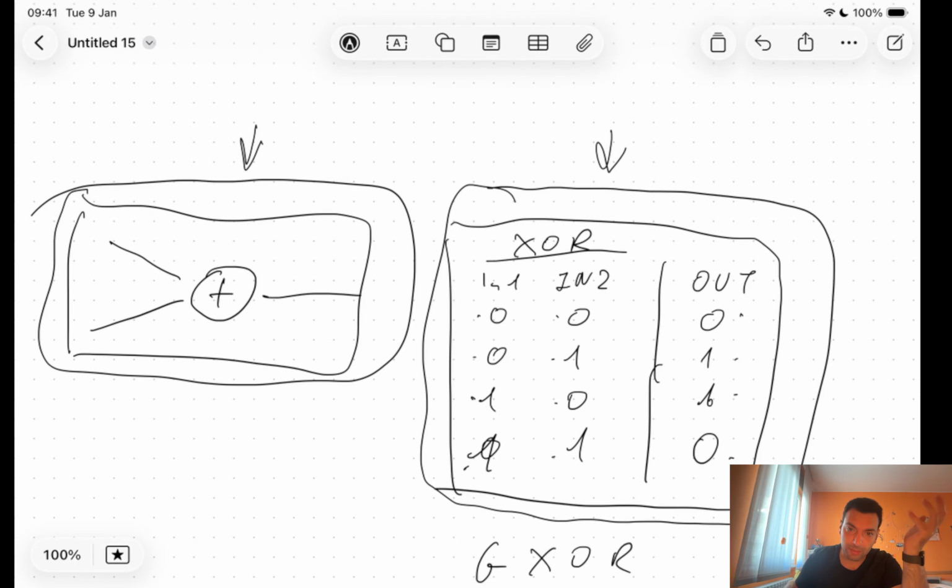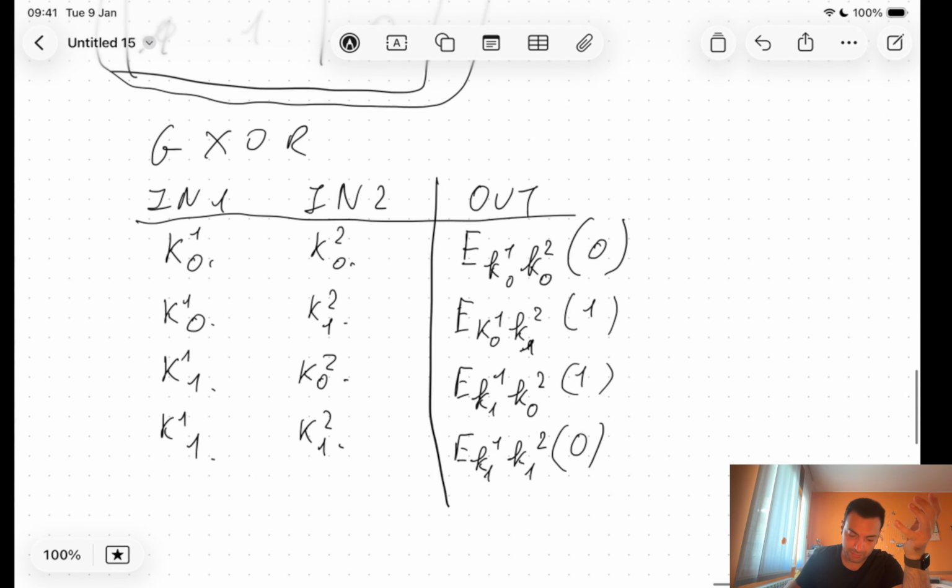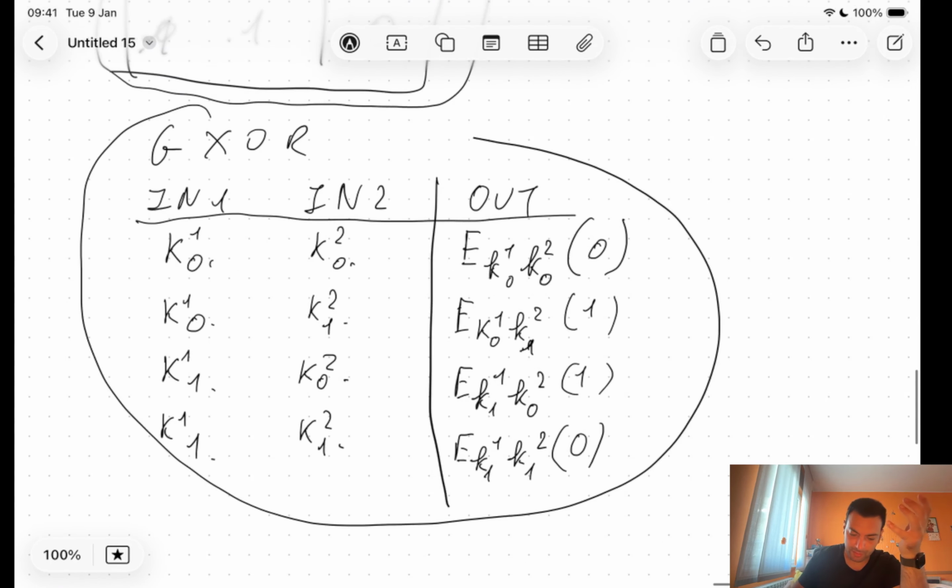But since we're talking about garbled circuits, I'm not giving you this table here. I am giving you this table here. And this is a table for the XOR. Now, if I give you this table, you will be able to get all the data, right?